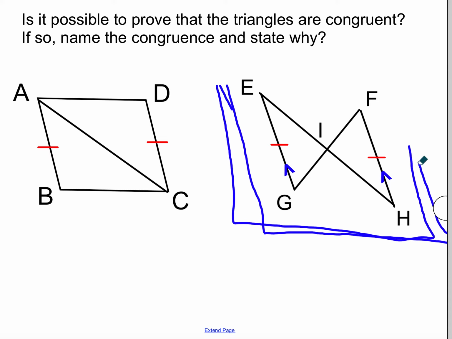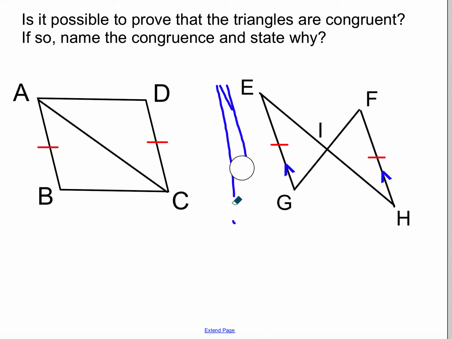Okay. So do we know enough about the triangle on the left to be able to say that the triangles are congruent? If so, state the congruence postulate. Okay, here we go. Well, the only thing that I see is that these two triangles share a side right here, and that side is clearly going to be congruent to itself. Since it's congruent to itself, we can add two tick marks there.